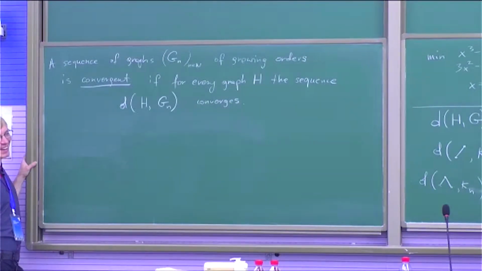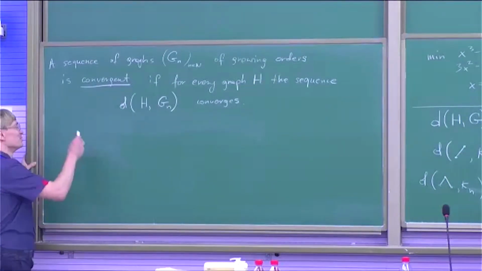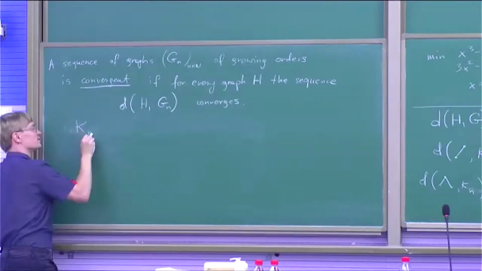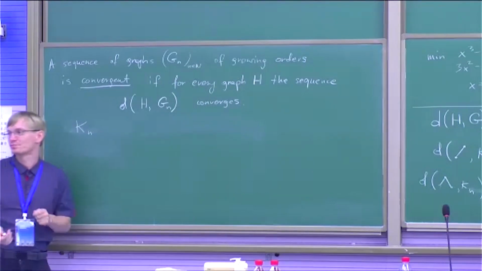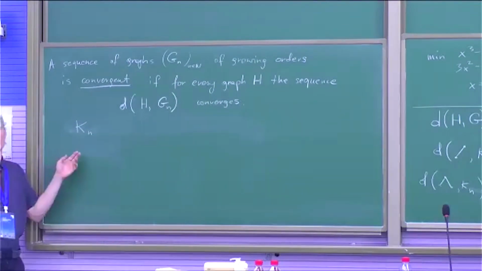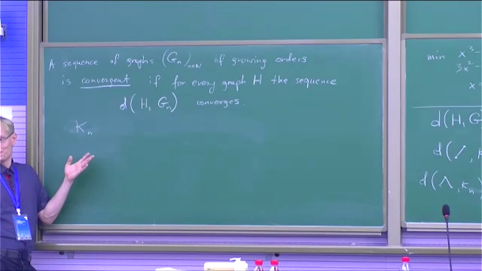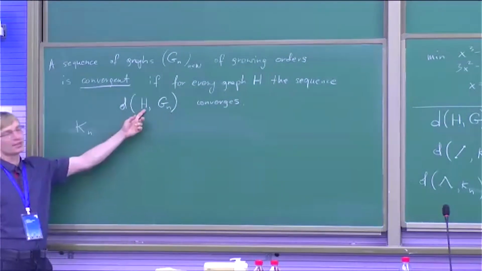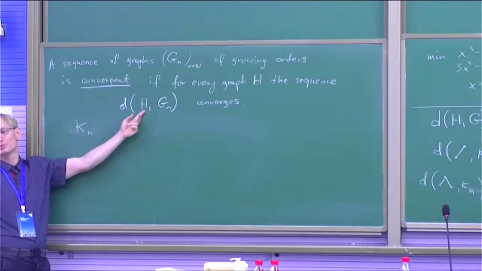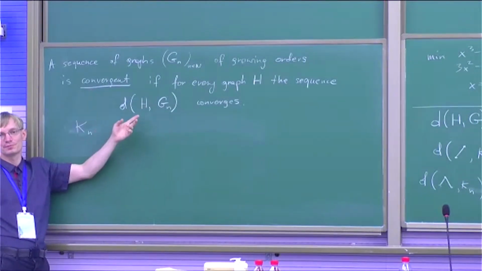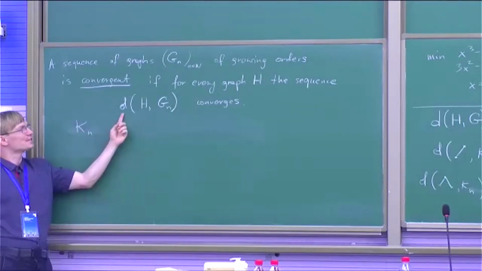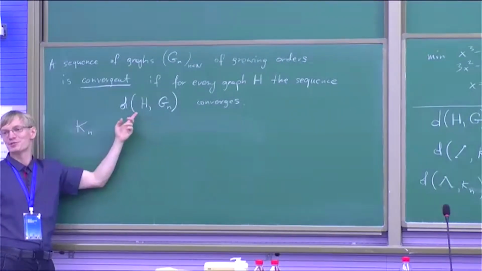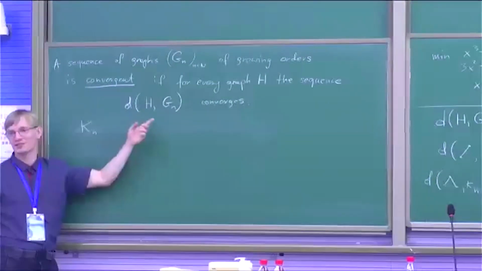Good. So let's see some examples. Let's say that my sequence of graphs is the sequence of just complete graphs K_n. Then is it convergent or not? If I take any graph, let's say H, which is a complete graph, K5, then what is this sequence? At the beginning, it will be 0. There is no K5 in K2, in K3, K4.